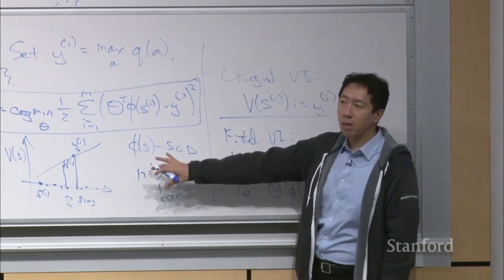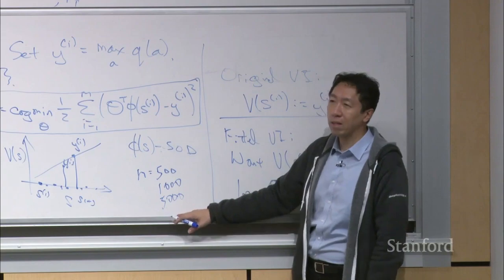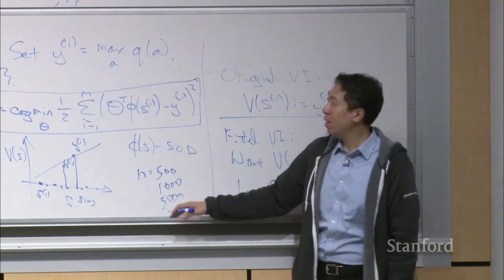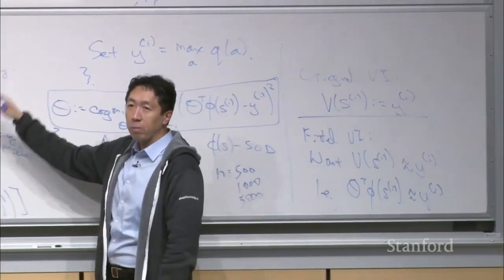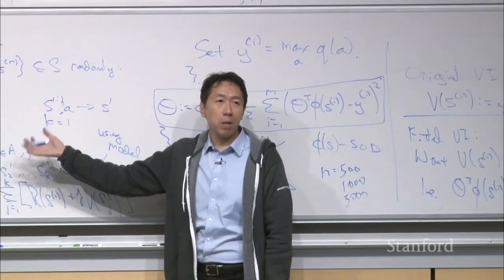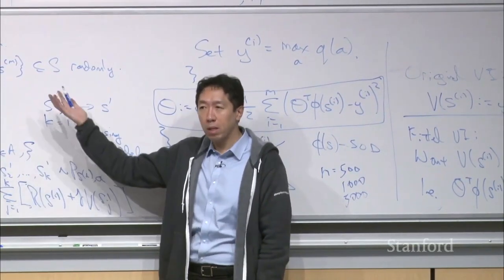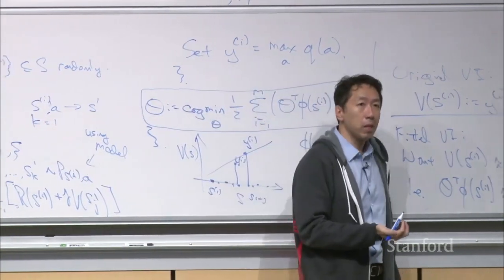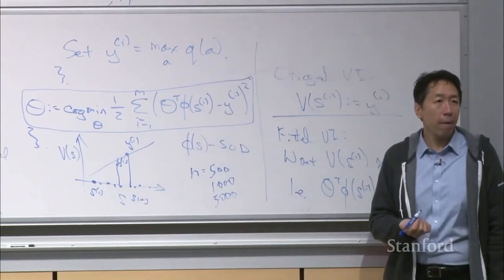But once you have a model, you could set M equals 5,000 or 10,000 or 100,000, and your algorithm will run more slowly. So long as it doesn't run too slowly, there's no harm to setting M to be bigger. Does that make sense?